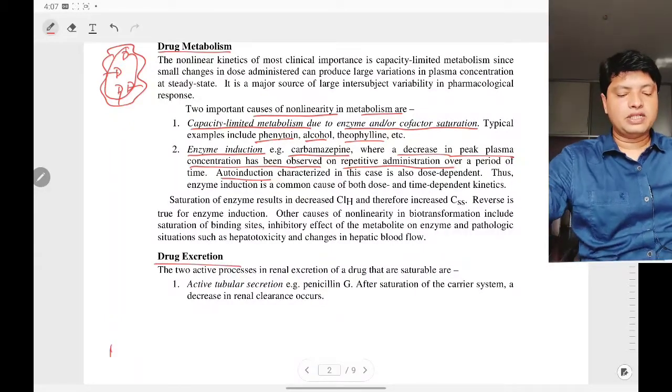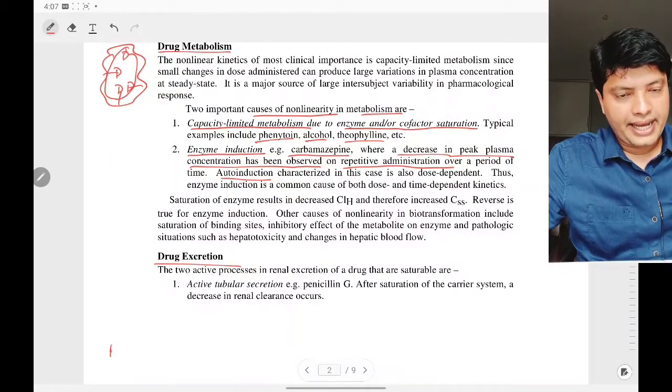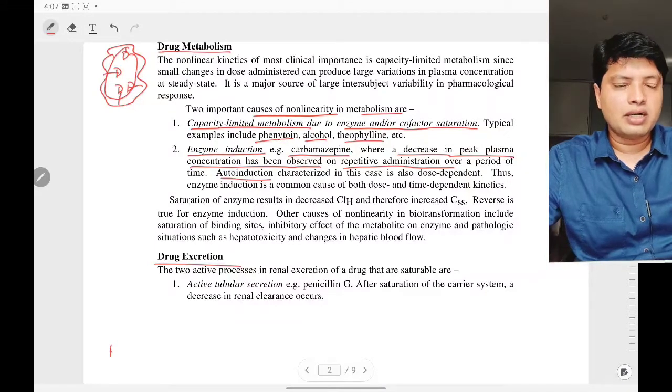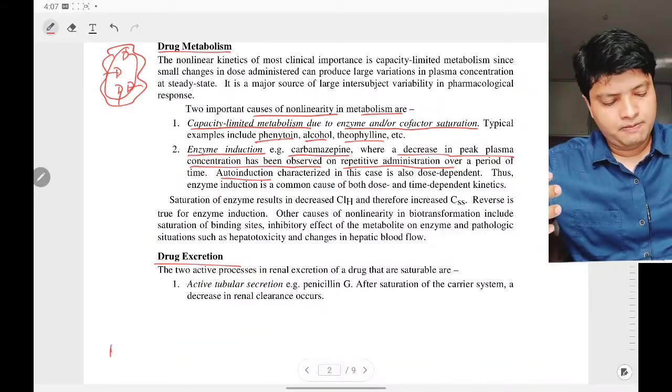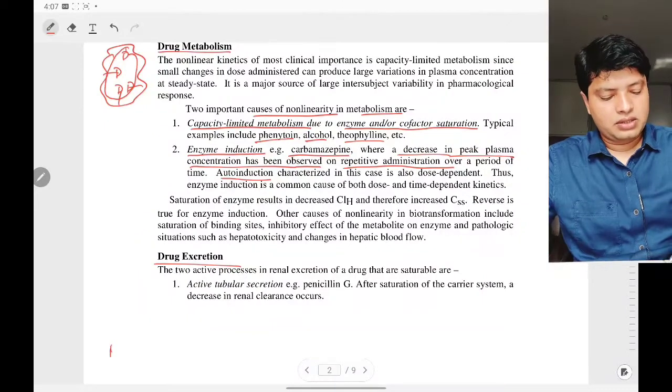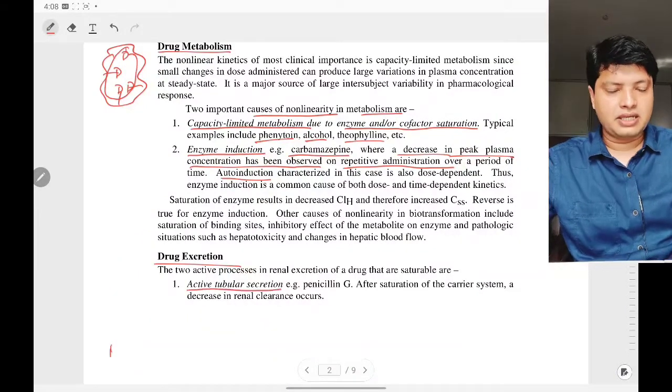Next we'll see the source of non-linearity due to drug excretion. What are its causes? One is active tubular secretion.